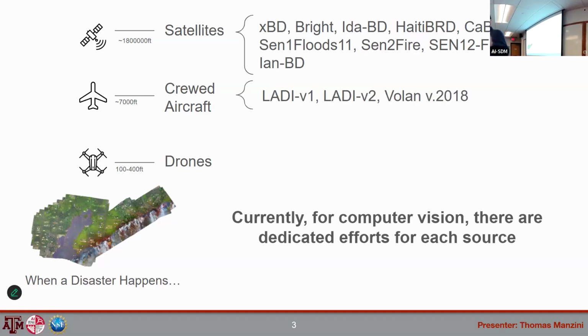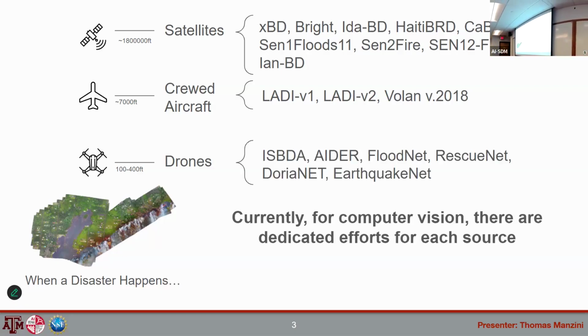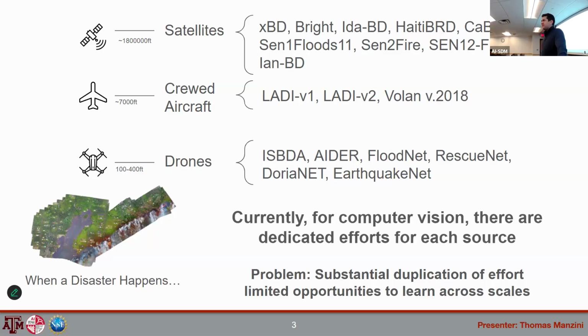Out of the crewed aviation academic community, and also general disaster response, we've got the LADI dataset series and the Volan dataset series. And then coming out of the robotics discipline, we've got a bunch of datasets: ISBITA, Adder, FloodNet, RescueNet, and more. But the problem is that there's a bunch of duplication of work here.